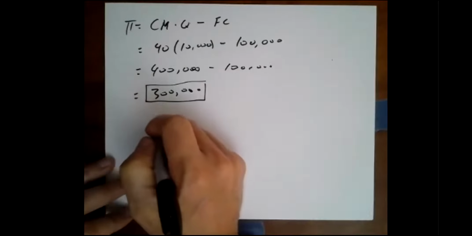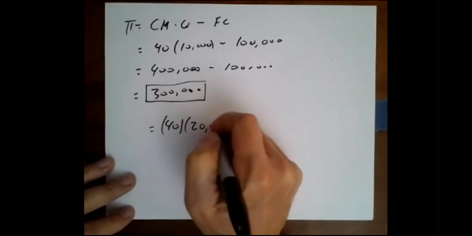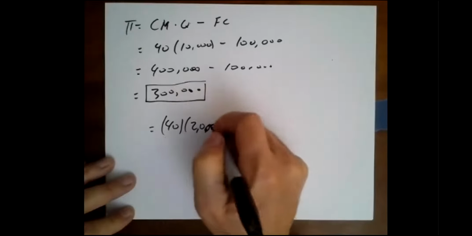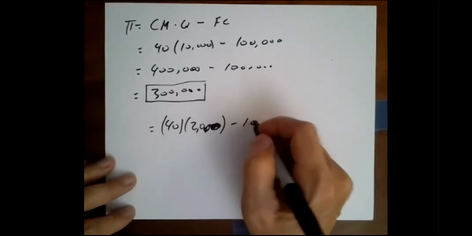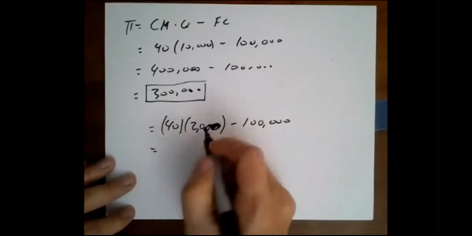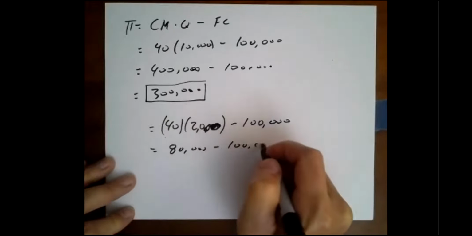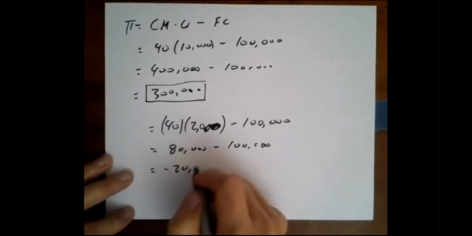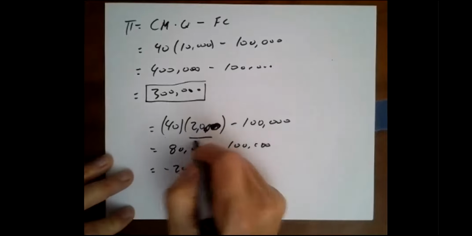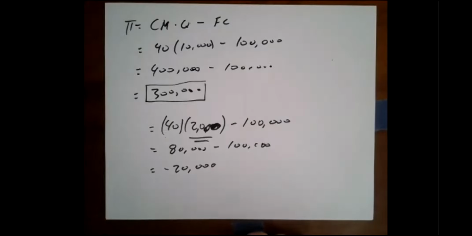So at 2,000 tests, we have a contribution margin of 40 times 2,000, not 20,000, 2,000. 40 times 2,000 is 80,000 minus 100,000, which gives us a loss of $20,000. So at a volume of 2,000, the lab has a loss of $20,000.